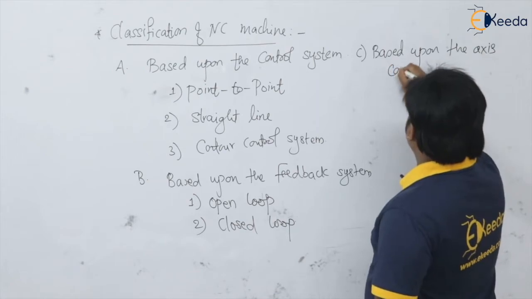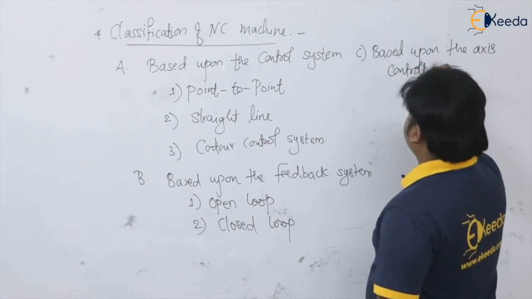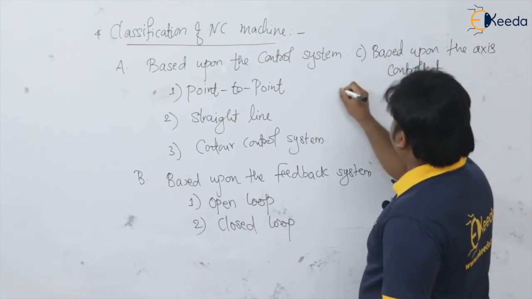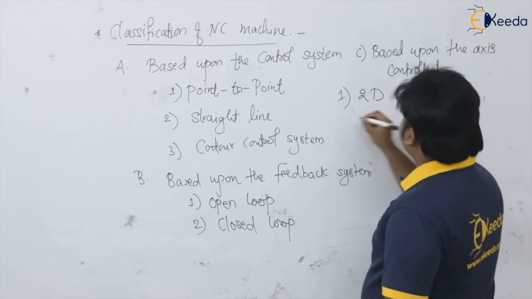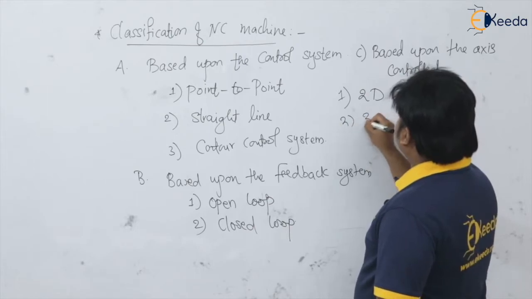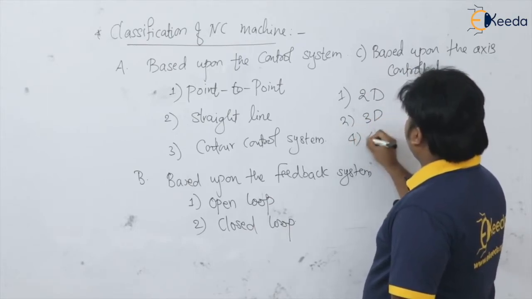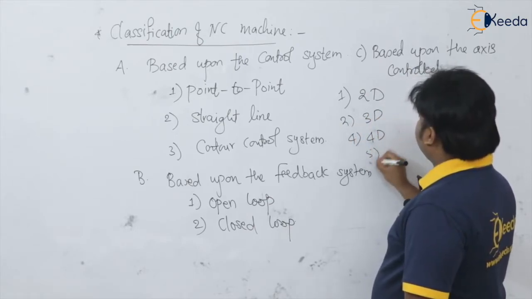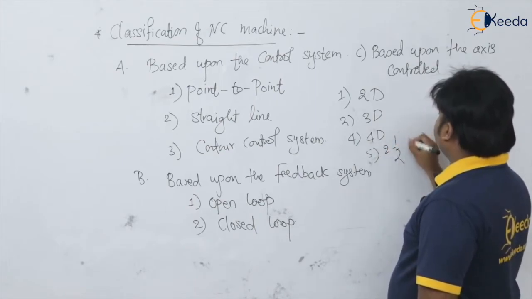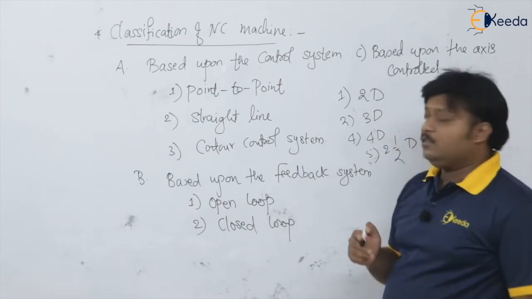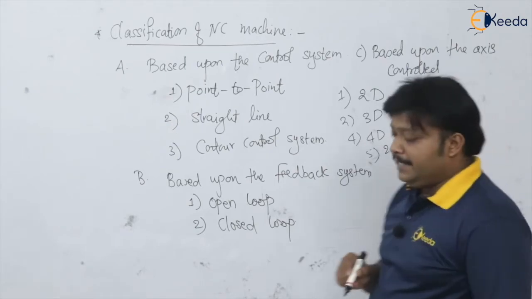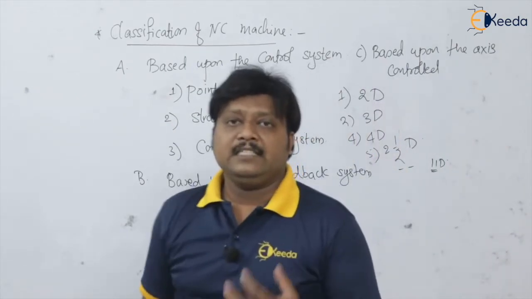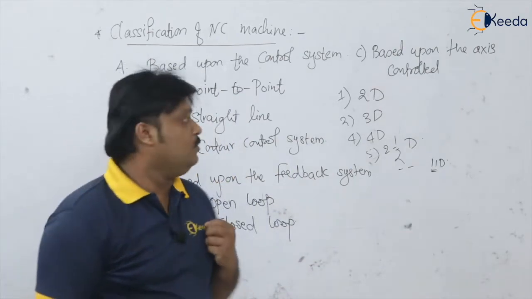We have two-dimensional, three-dimensional, 4D, 2.5D. Based on the axis control system, we have up to 11D actually. Okay, so this is the classification of numerical control system.